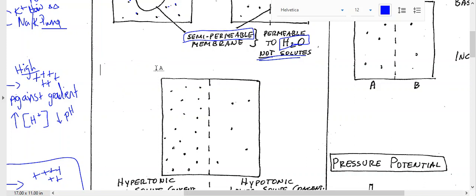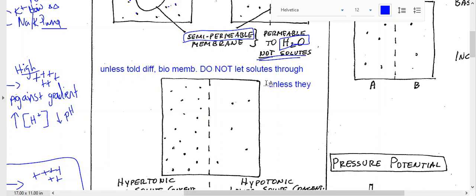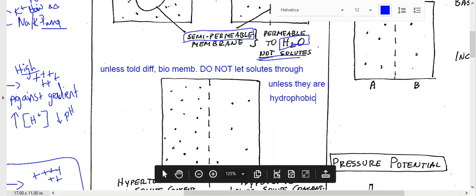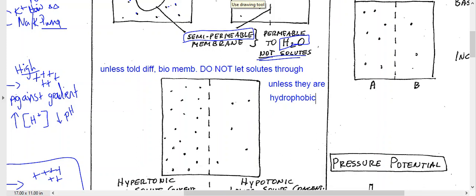So I'm going to say, unless told differently, biological membranes, biomembranes, do not let solutes through unless they are hydrophobic. So for simplicity, you can always go ahead and make that assumption when we talk about semi-permeable membranes, right?